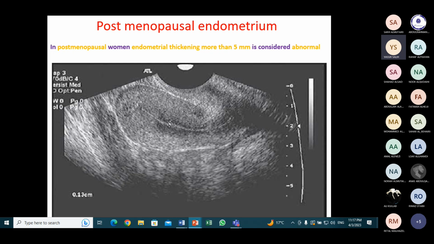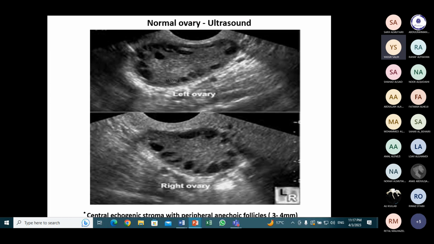But sometimes you can do a biopsy or D and C curettage for assessment or exclusion of endometrial carcinoma. So the normal endometrial thickening is up to 5 millimeter in postmenopausal women.